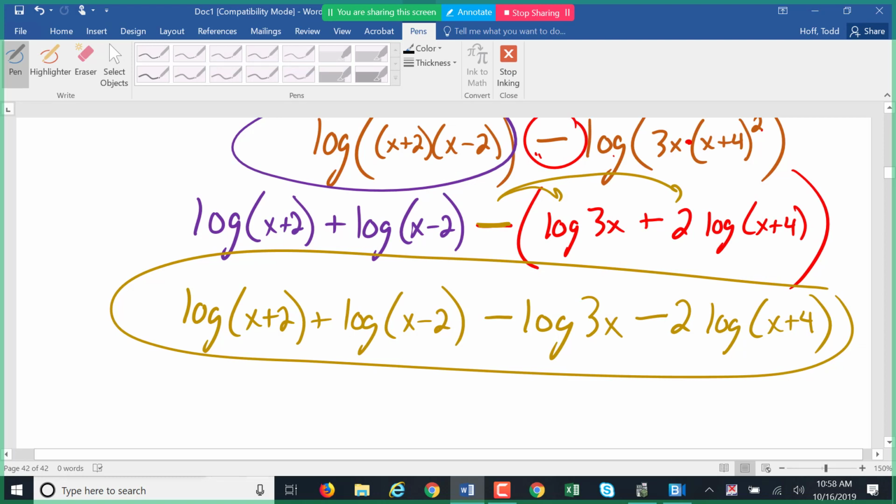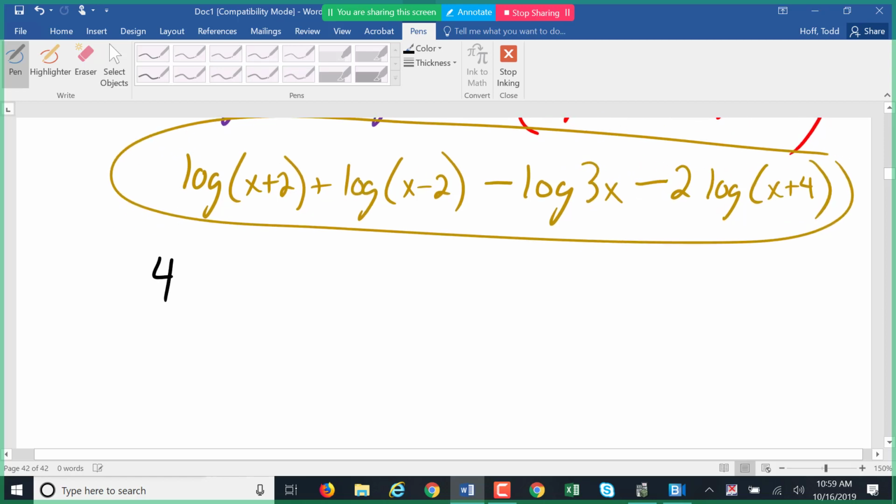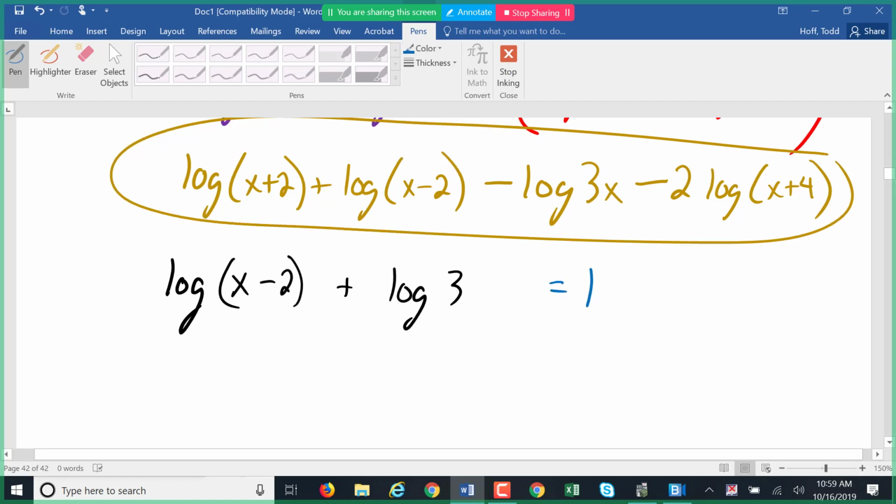We can use these rules of exponents to recombine things. If I have log of x minus 2 plus log of 3, I can recombine those to be log of (x minus 2) times 3.